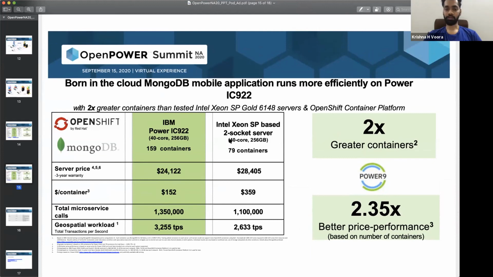So this is a 2-socket box, with each socket having 20 cores. In total, we have 40 physical cores, and exactly, we have 80 hardware threads that we can leverage. And when I think about Power IC922, it has 20 plus 20 with SMT4 enabled, which makes it 40 into 4, 160 threads.